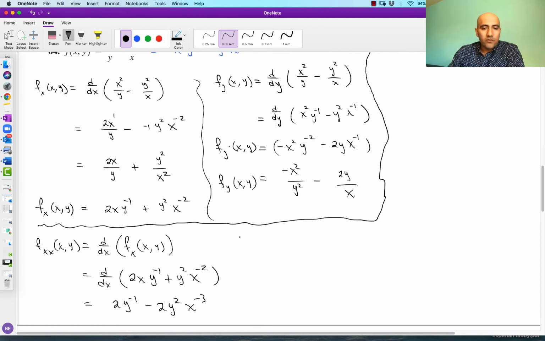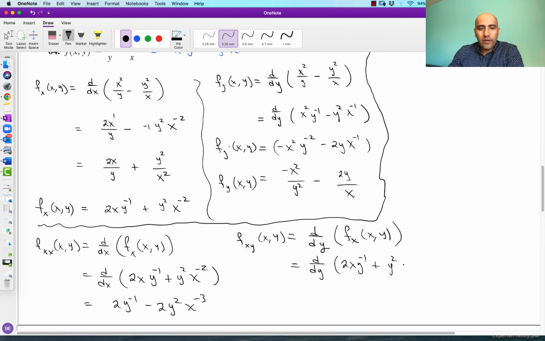Good. Okay, so then next, f sub xy of x comma y is equal to the derivative with respect to y on the function f sub x of x comma y, which is then d/dy on the function 2x y to the minus 1 plus y squared x to the minus 2, which then gives you minus 2x y to the minus 2 plus 2y x to the minus 2.